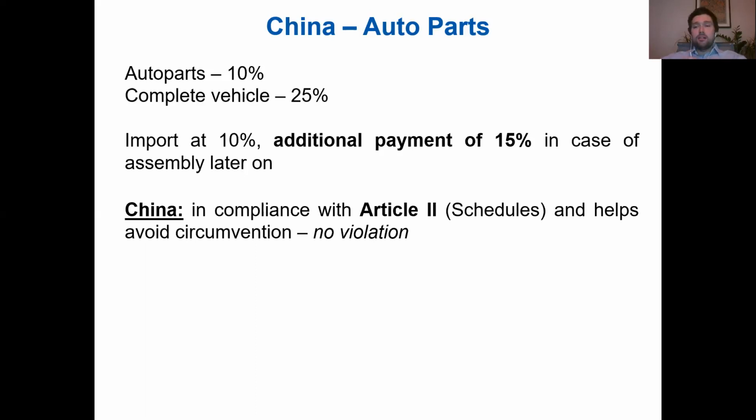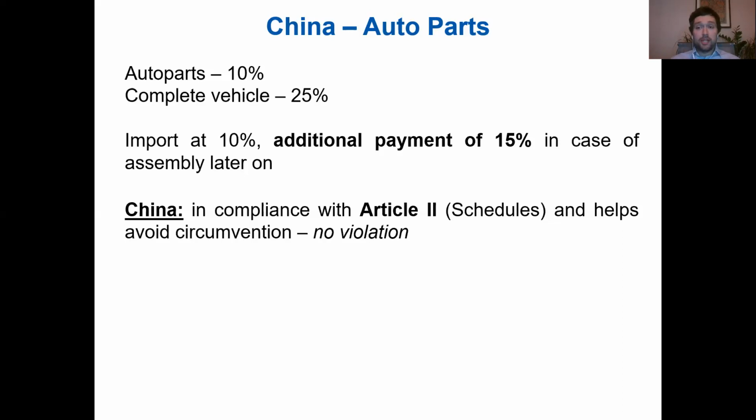If we make sure that you assembled it in a final car, in a complete vehicle, then you are just circumventing the customs duty and you are asked to pay additional 15%. So that is the classification of China. They understand that this measure is to be treated under Article 2 schedules. They don't go above the permitted levels. They are fully in compliance with their obligations. That's the position of China.